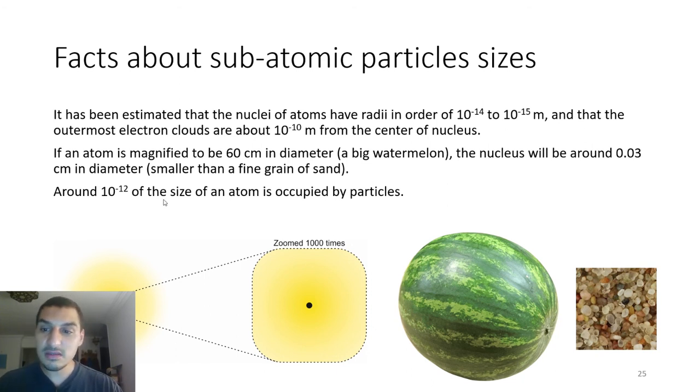And if you do some calculations, you would know that the volume occupied in the atom by the particles, the nucleus and the electrons, is 10 to the minus 12 of that volume. So the rest is totally free. It's empty space. The electrons are just moving around inside the space, and a small part is taken by the nucleus. So this is what we know till now.